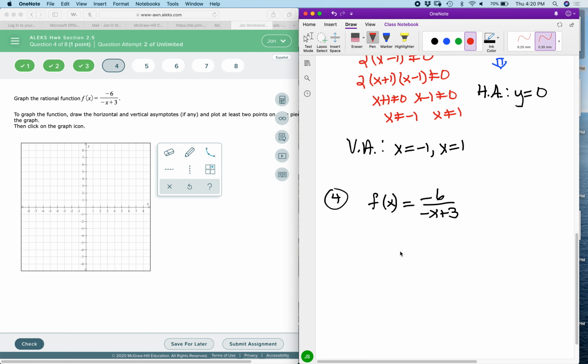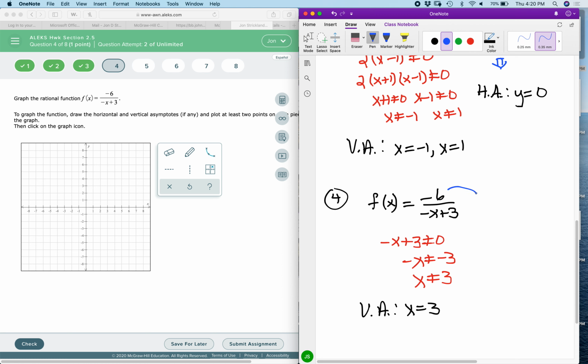So for the function to be defined, again, negative x plus 3 cannot be 0. And we have that negative x cannot be negative 3. Changing the signs, x cannot be equal to 3. And since negative x plus 3 is not a factor of negative 6, we have our vertical asymptote at x is equal to 3.